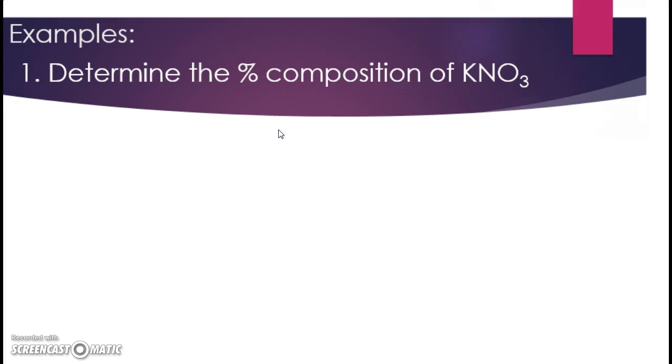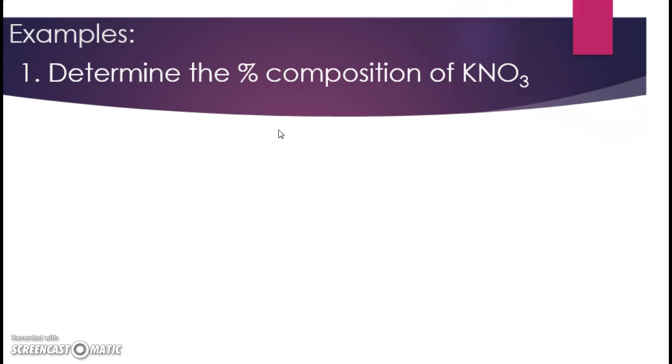So we have on the board back here, if we want to figure out the molar mass of potassium nitrate, KNO3. So we have 1 potassium, 1 nitrogen, 3 oxygens. So we add all these up using the periodic table.